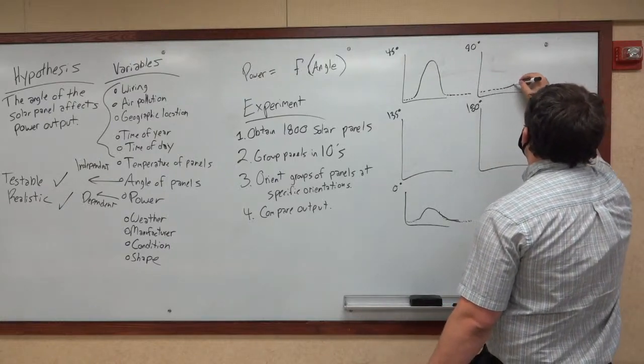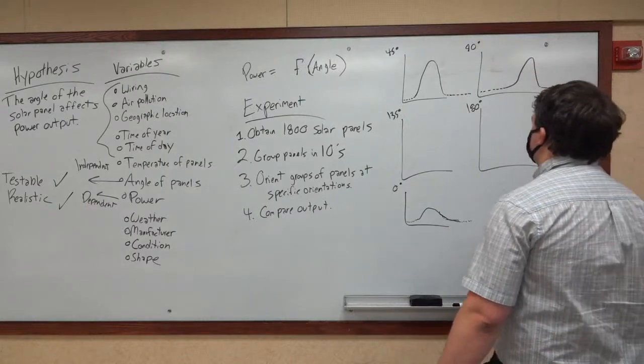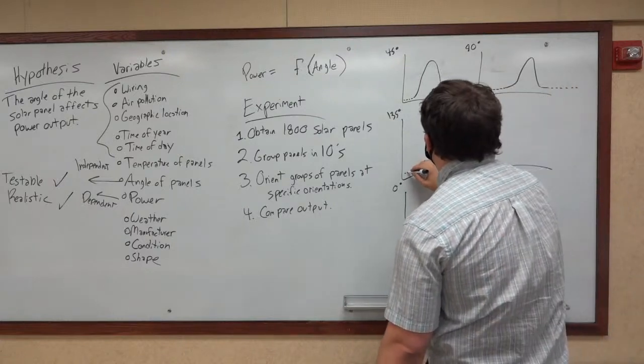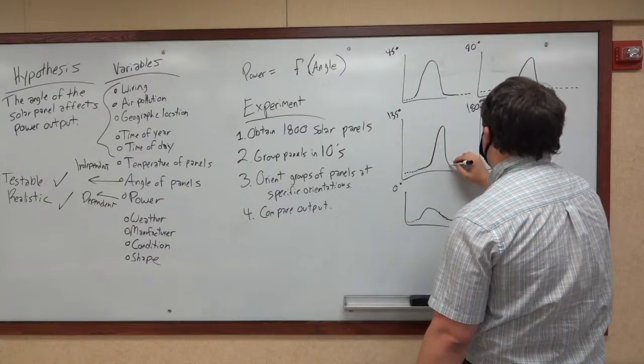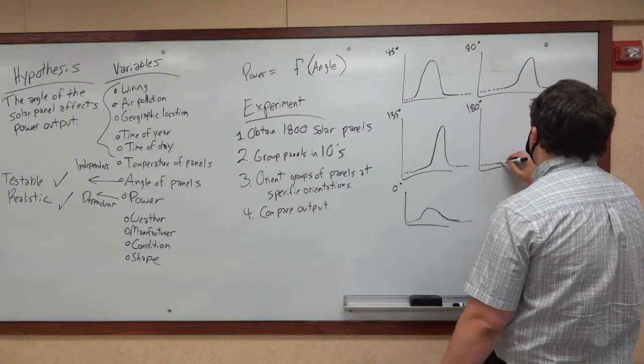Looks like this. For 45, for a one day sequence, looks like this. For 90, looks like this. For 135, looks like this. And then 180.